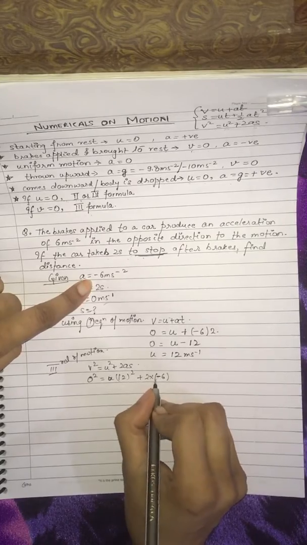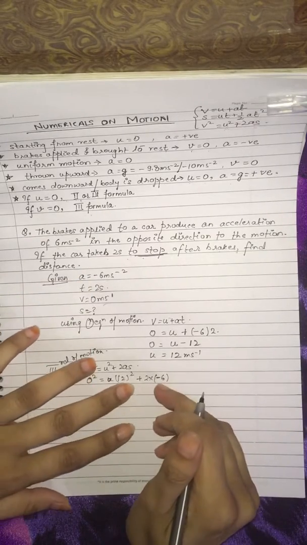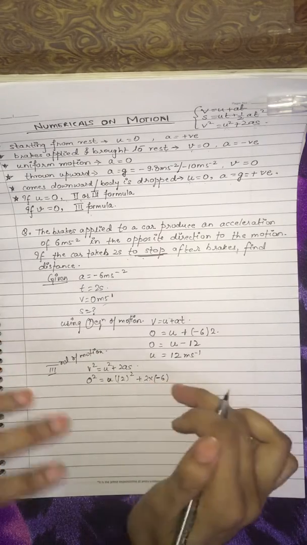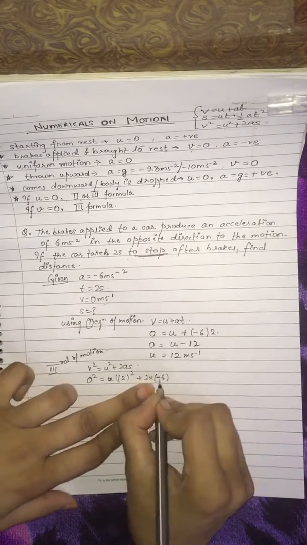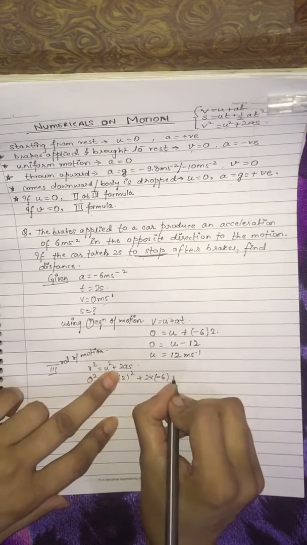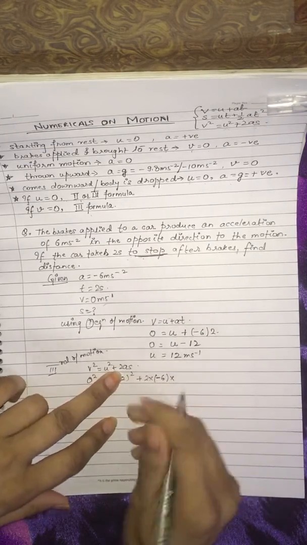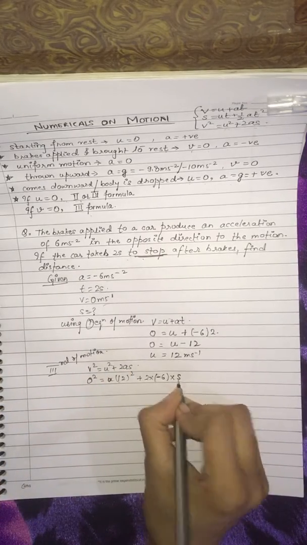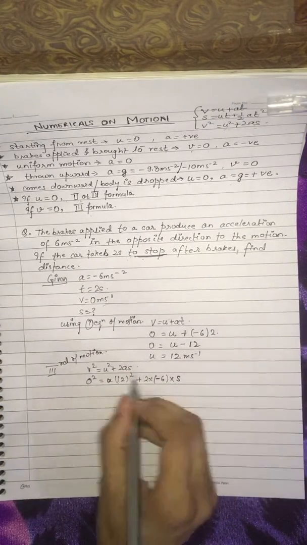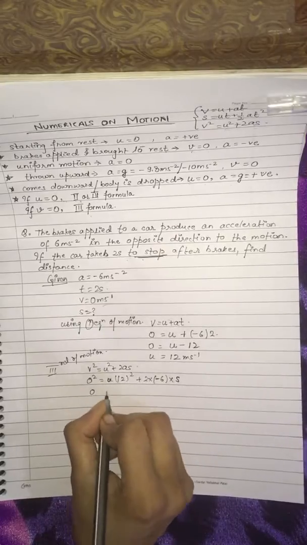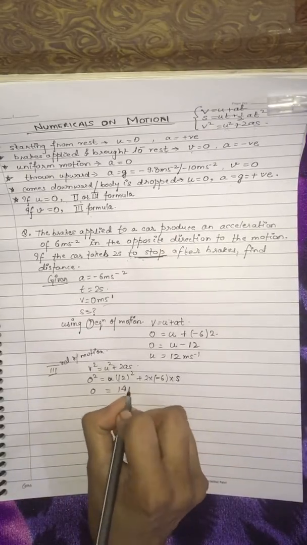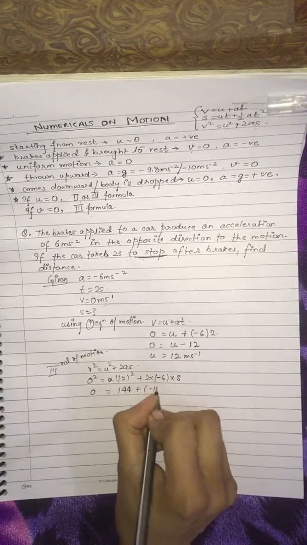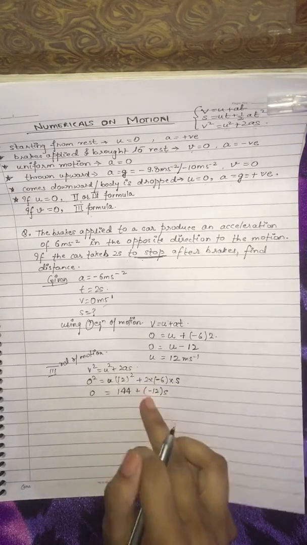Remember to put minus, because otherwise the answer will come out negative or positive and it will get wrong, so always do this. And now s is our distance. We have to calculate this distance. Now 0 square is 0, 12 square is 144, plus 2 sixes are minus 12s. Okay, minus 6.